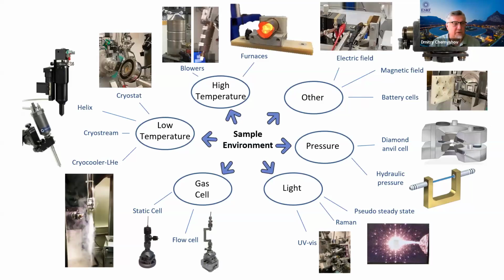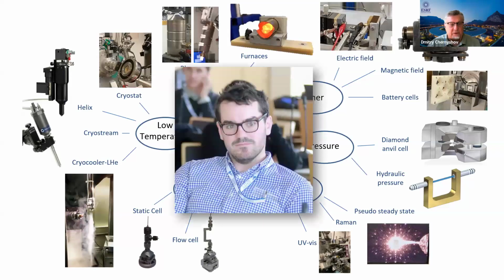Some of these are commercial, and some are designed at the beamline or at other beamlines. I will try to show with this example how the development of new tools opens new possibilities for our users. Charles McMonagle is our beamline scientist who specializes in sample environment and enthusiastically develops new things.